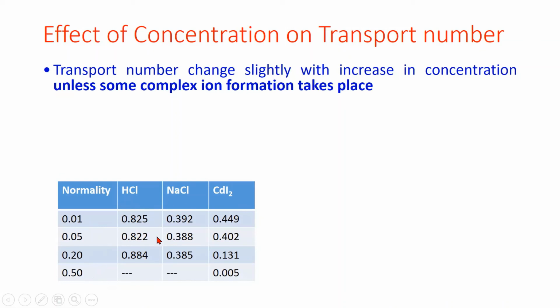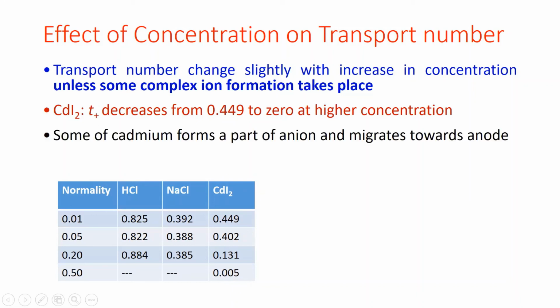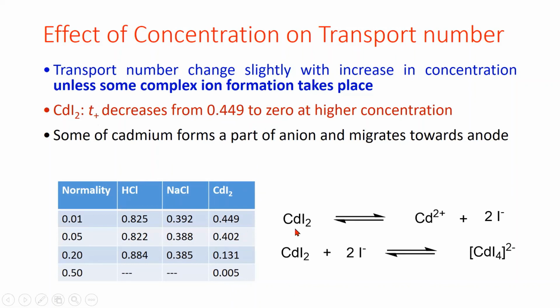In the case of HCl and sodium chloride it varies slightly, whereas in the case of cadmium iodide with increase in concentration, it reaches 0. For cadmium iodide, the transport number of the cation decreases from 0.449 to 0 at higher concentration. Some of the cadmium ions form part of an anion and migrate towards the anode.